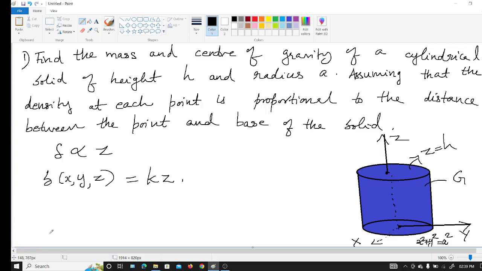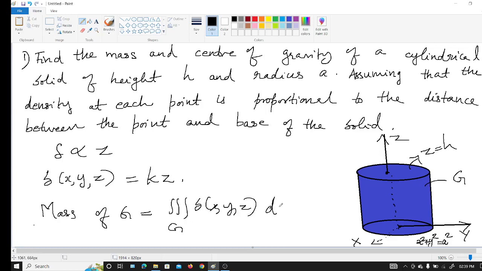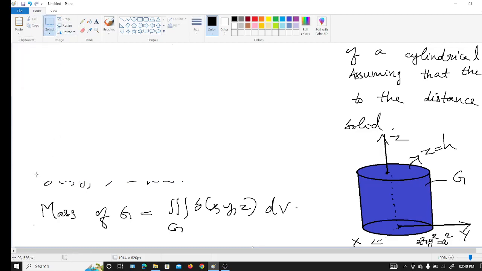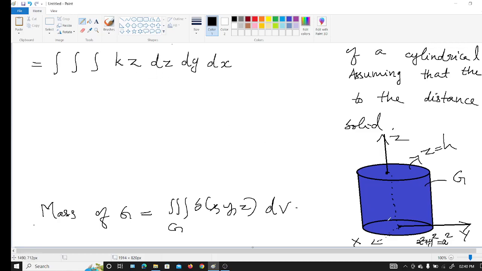Next we consider the formula for the mass of the solid G. Mass of solid G is the triple integral over G of delta(x,y,z) dV, that is, the triple integral of kz dz dy dx. Here z varies from 0 to h.